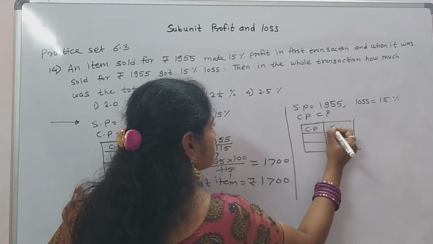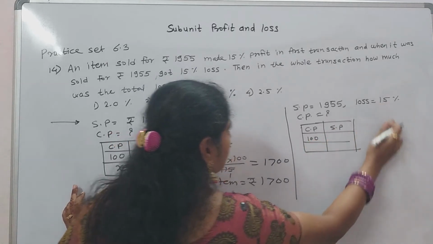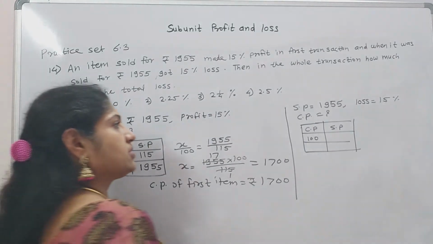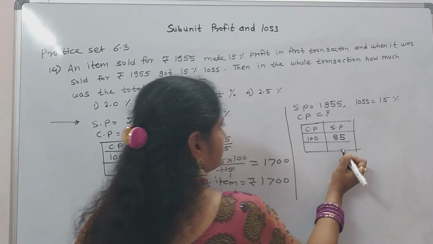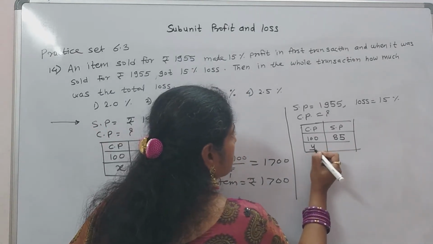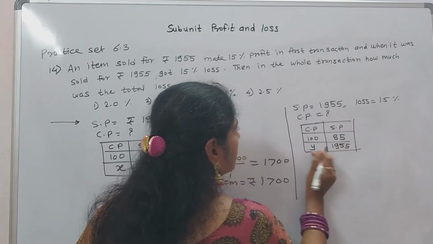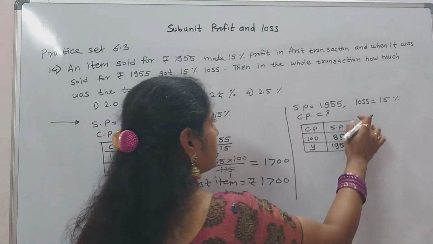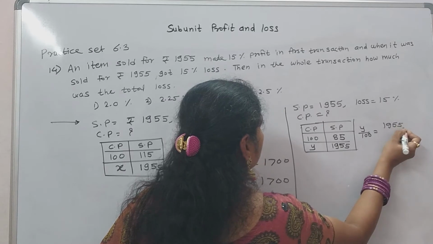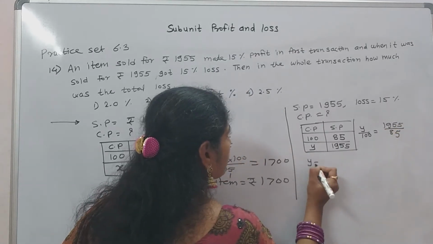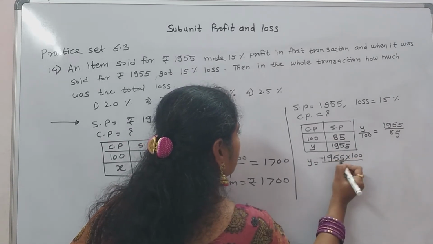Cost price and selling price. 100 is the cost price, then selling price is, with 15% loss, 100 minus 15, 85. Y is the cost price and then selling price is 1955. Find out the value of Y, cost price of the second atom. Y upon 100 equals 1955 upon 85. So Y equals 1955 into 100 divided by 85.